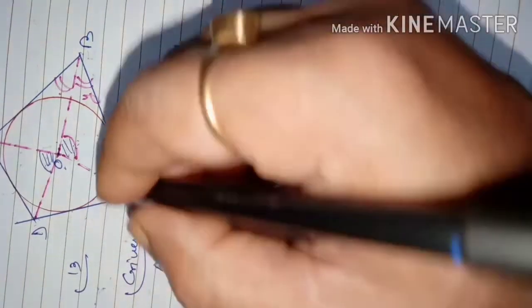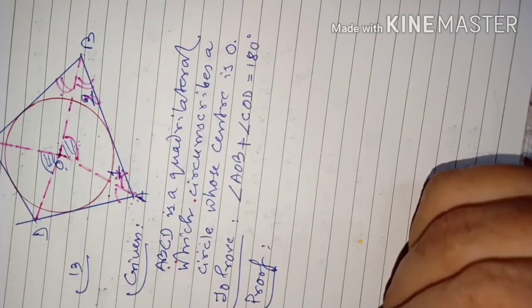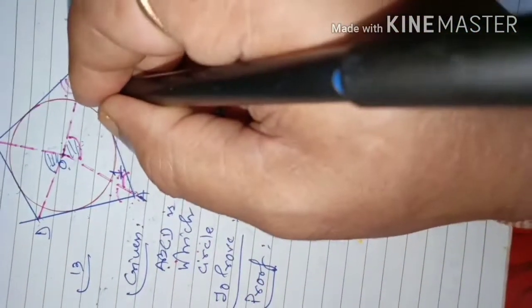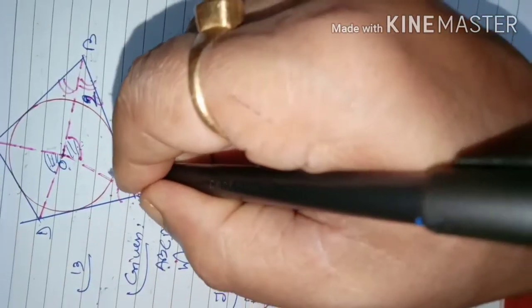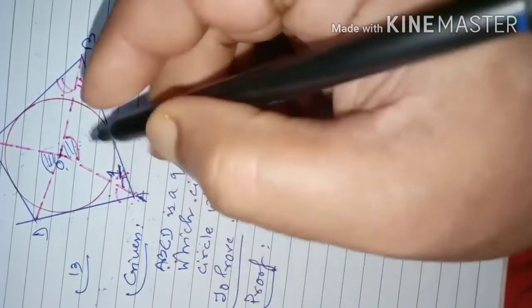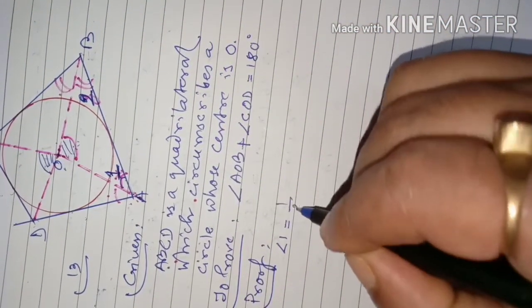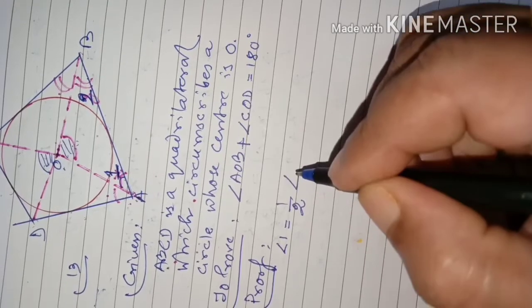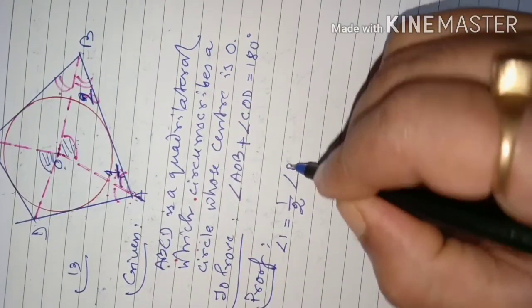Instead of saying X, let us say angle 1. This one suppose angle 2. No need of saying X, Y. Let us say angle 1 and angle 2. Here at B, this is angle 2, and here at A, this is angle 1. So I'll write like this: angle 1 is equal to half of angle DAB or BAD.